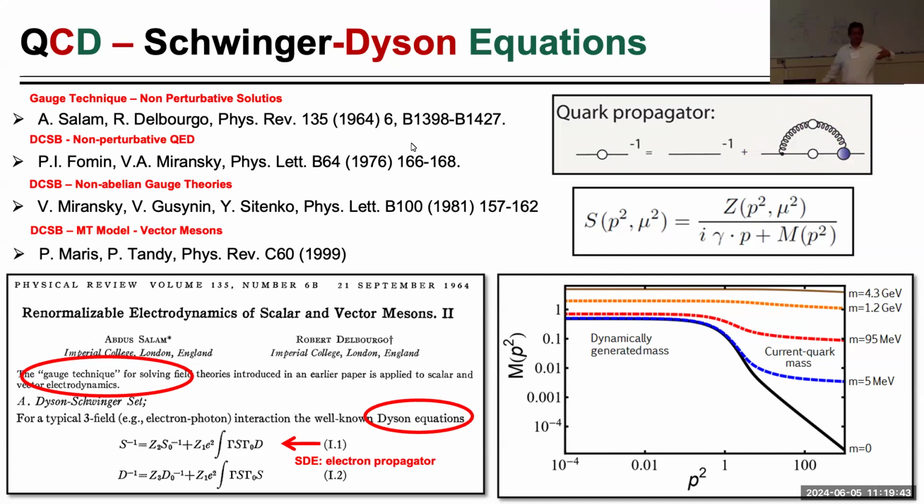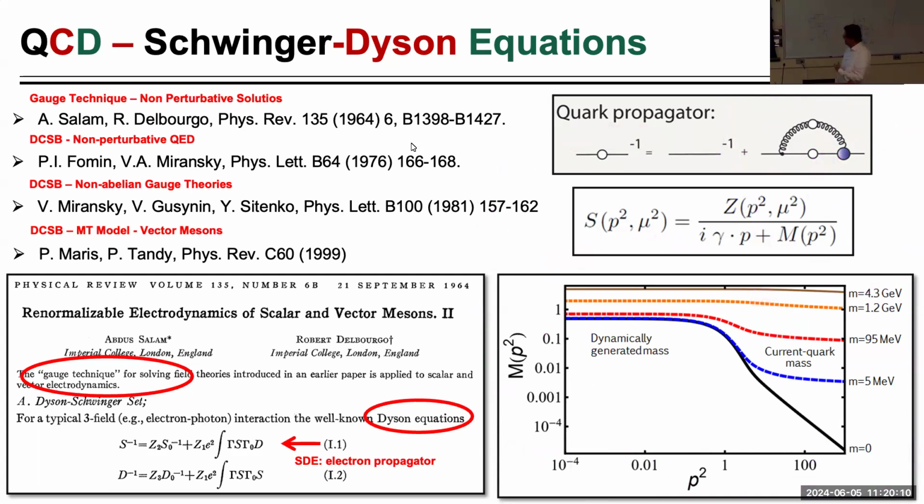Of course, things have changed since then, because you have a much better understanding of the gluon propagator through lattice QCD. You also have a much better understanding of the quark-gluon vertex, both through continuum methods and lattice QCD, although lattice QCD can probe only some kinematic limits of this quark-gluon vertex. But the result is what I was telling you here.